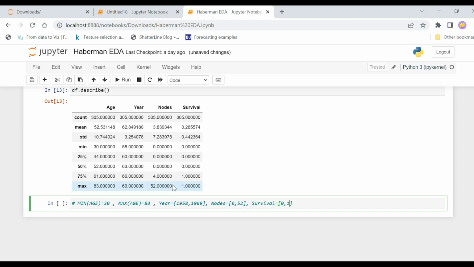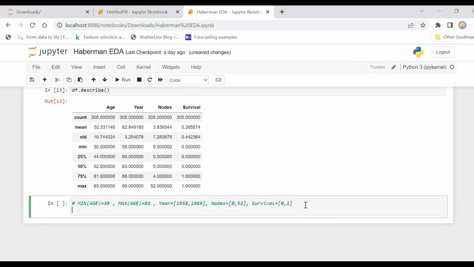But in nodes, you can see that the 75th percentile has only 4 nodes, while the maximum is 52. So you can see that the distribution is very much right skewed. Till 75% of the values you have 4, but the maximum is 52.